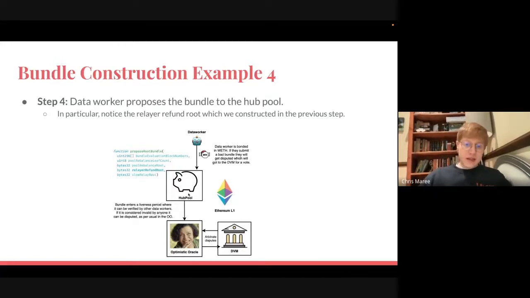In submitting this bundle, they are bonded. Okay, and we use the optimistic oracle to verify the correctness of the set of routes. So any one component of the routes could be wrong. And if they're wrong, then they're going to get disputed and it'll go to the DVM and we arbitrate in the same way we do with every other product in the UMA system.